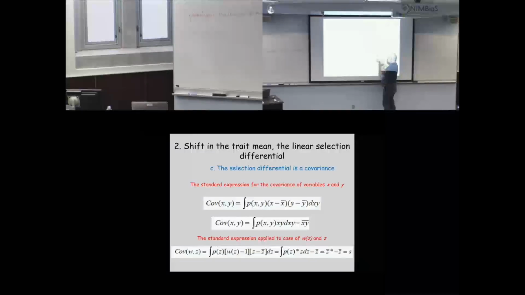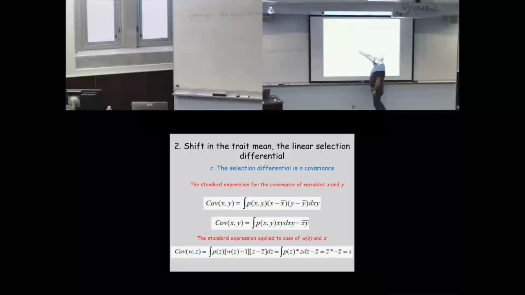But what we're going to do here, equivalently, is weight each cross product by the frequency of individuals with value x and value y for each of the two variables. You with me? That's what P of x and y is.